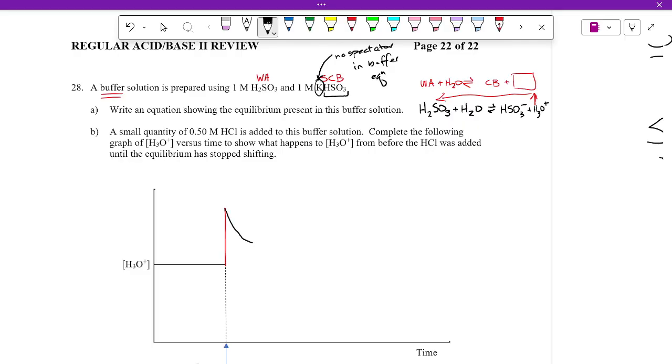And does it flatten out at that concentration, below that concentration, or above that concentration? Above. That's why I love this course, because it all connects to itself the whole way through. Okay, so that one is done.